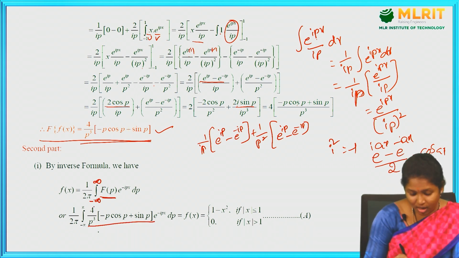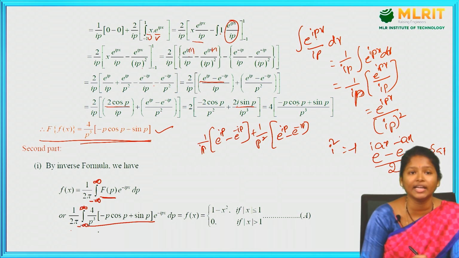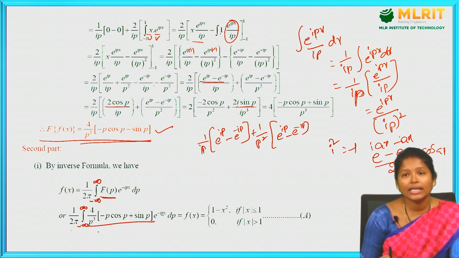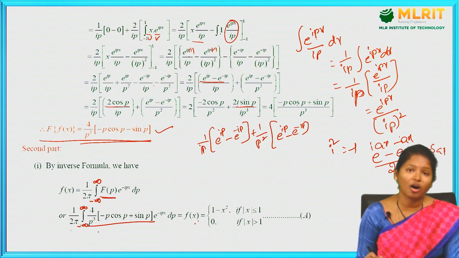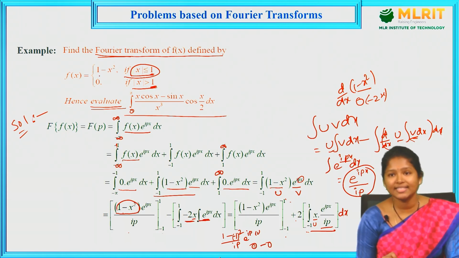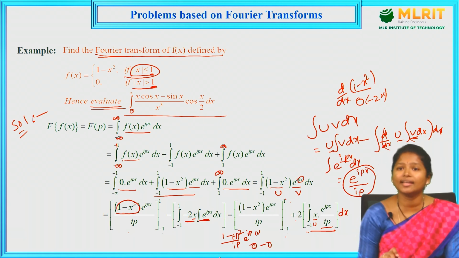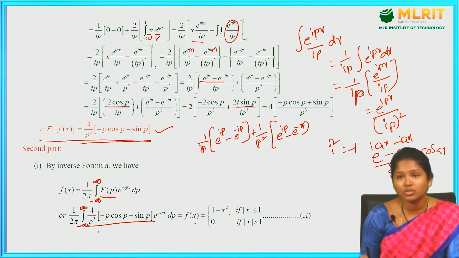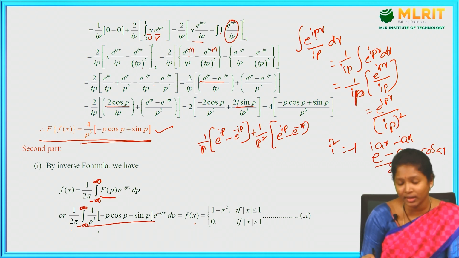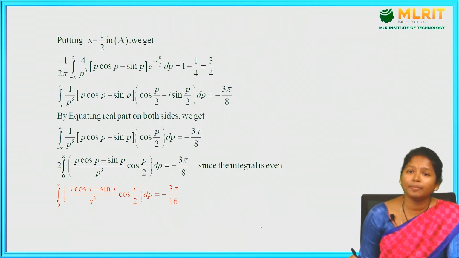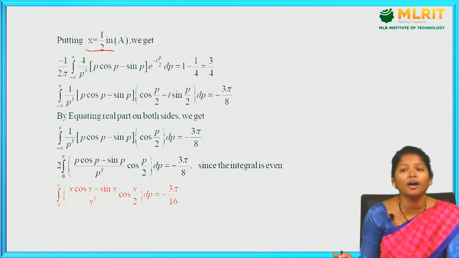I get 1 by 2 pi integral from minus infinity to infinity of 4 by p cube, minus p cos p plus sin p, e power minus ipx dp, equal to f of x. What is f of x in the problem? 1 minus x squared if mod x is less than or equal to 1, and 0 if mod x is greater than 1. For evaluation, I am substituting x equal to 1 in the result.